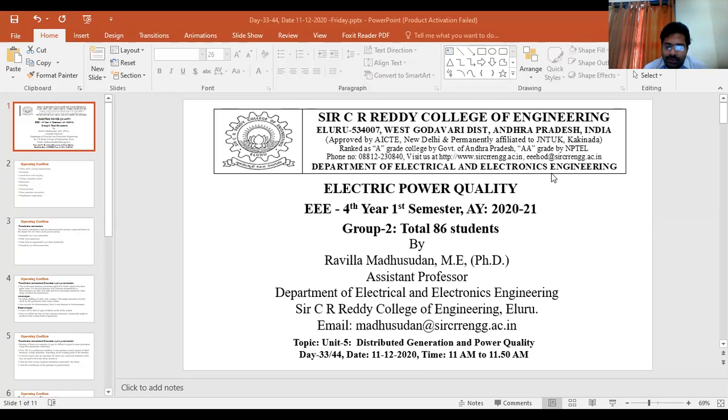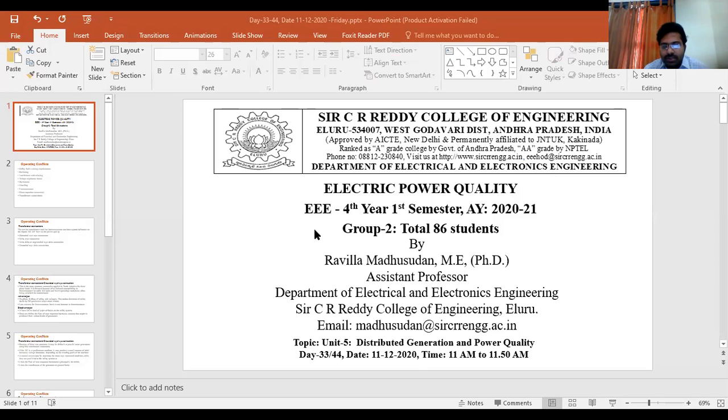Now we are in the topic called operating conflicts. When you connect these distributed generating plants to the distribution side, what are the operating conflicts? In operating time, what type of problems may you get in the systems? How does this decrease the quality of the power, and at the same time how does it increase the power quality?